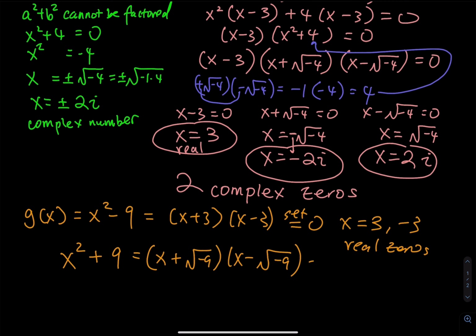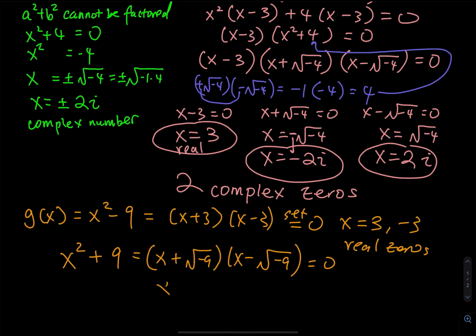Okay, so when you set that equal to 0, remember x times x, you have the x squared, you have a plus, you have a minus, they get rid of each other. And then when you multiply, you have a minus 1, but the square root of negative 9 times the square root of negative 9, you remove the square root there, is another negative, right? So negative 1 times negative gives you the positive 9 back.